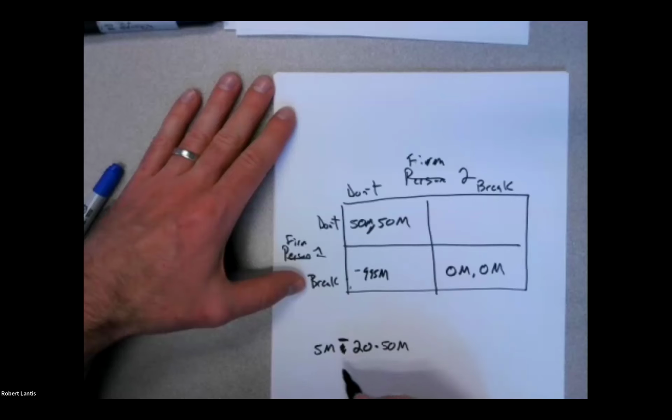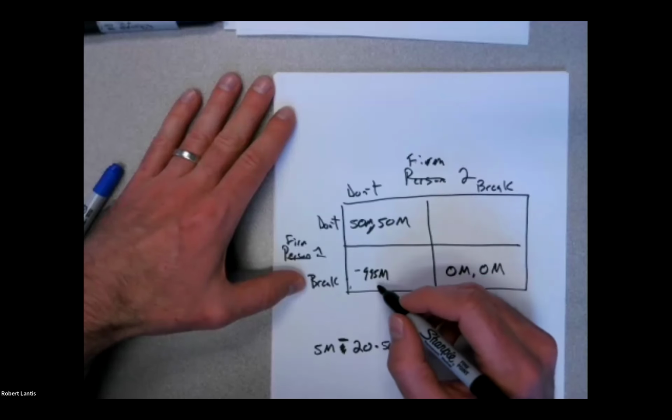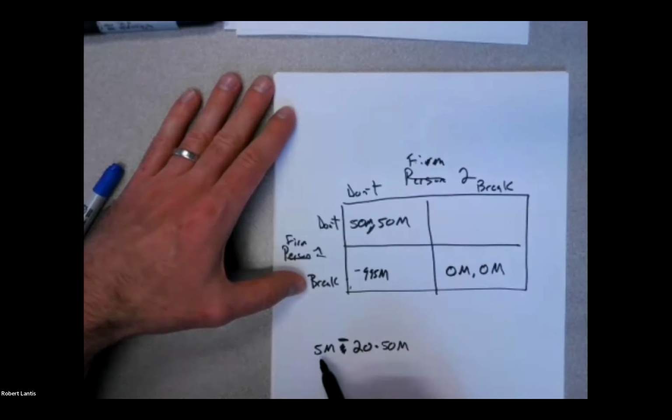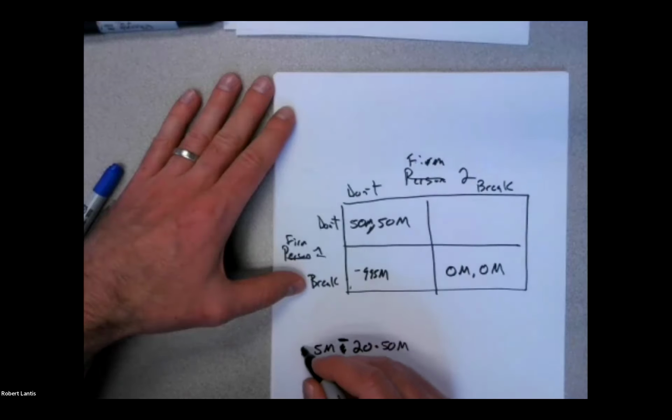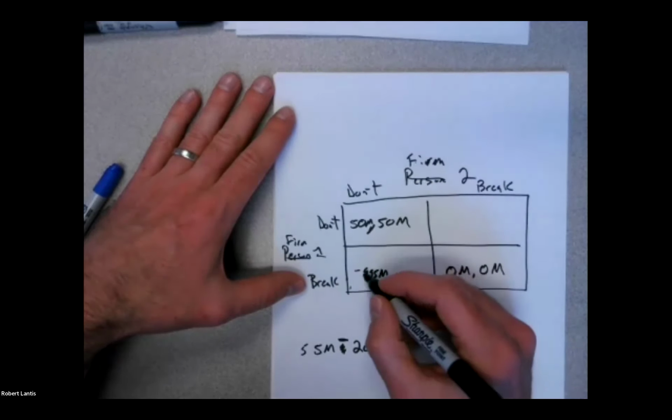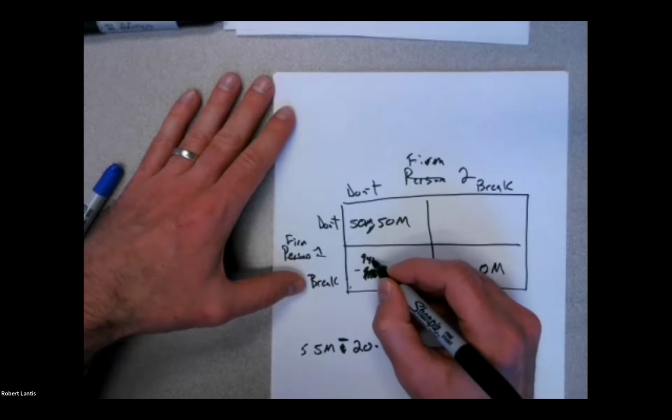Because that would be what, 1,000 minus 5 million. So for firm one, they break that agreement. Yeah, they can make $5 million extra this year, but the rest of the time they're making nothing, right? Oh, and actually, technically they were making 55, right? So this should be 945.